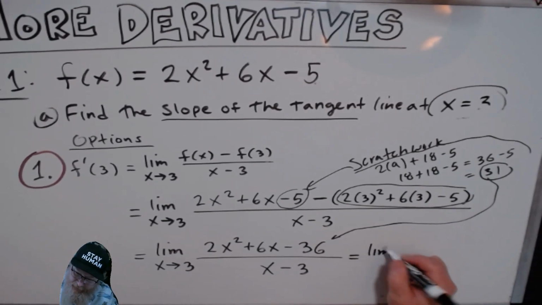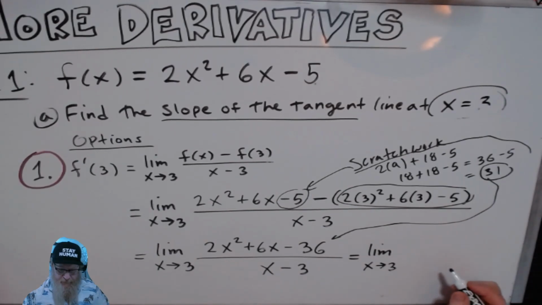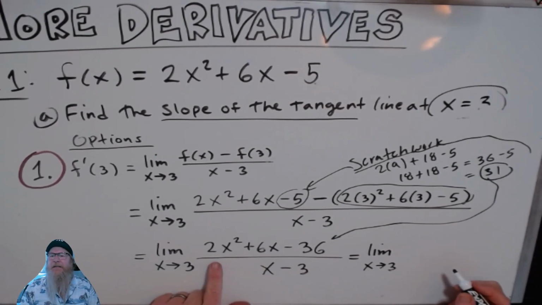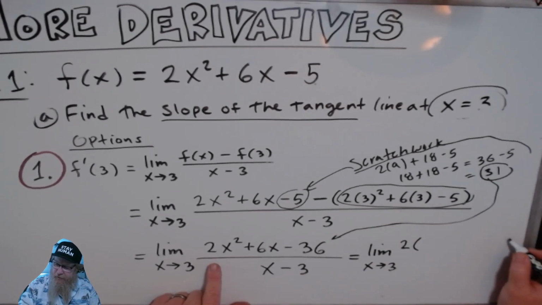And now I have the limit as x goes to 3. Let's go ahead and factor this. Looks like they're all divisible by 2.